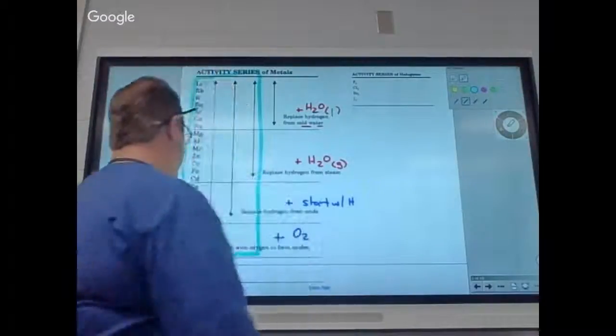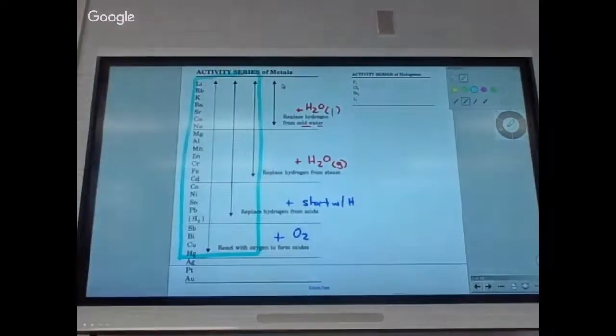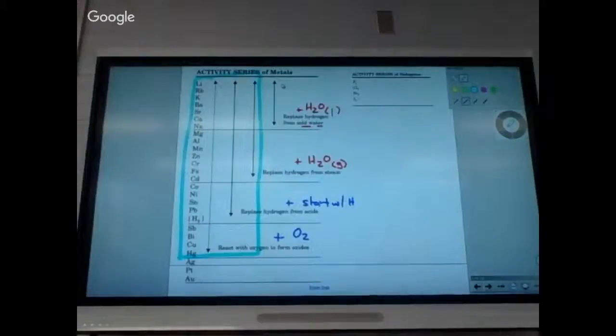The oxygen arrow is the big long arrow, right? Is Sn anywhere in that range? Yes, Sn is here. So it is in the range of that long arrow.